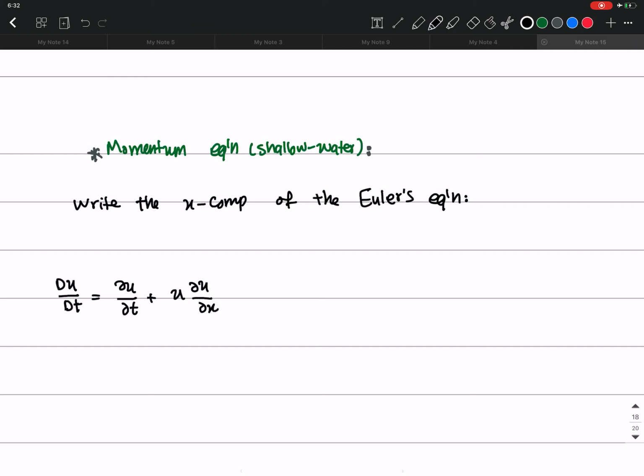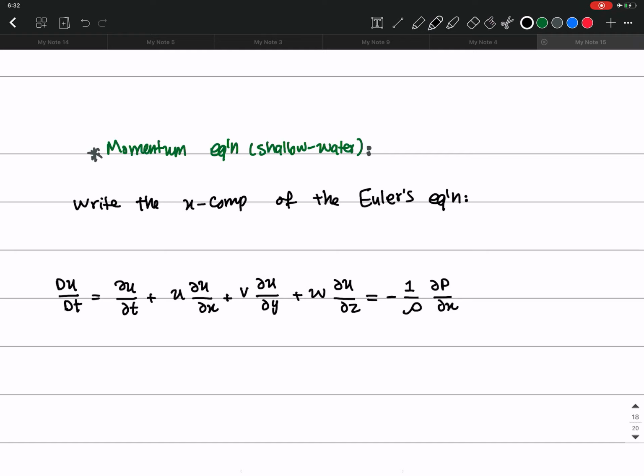So velocity dot grad of u, right, plus v partial u over partial y plus w partial u over partial z equals minus 1 over rho partial p over partial x.